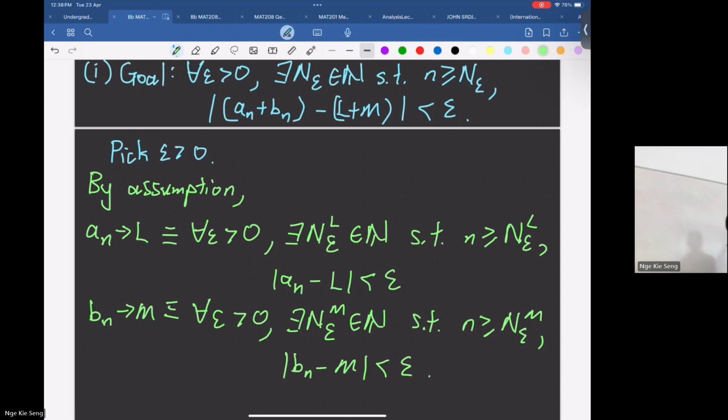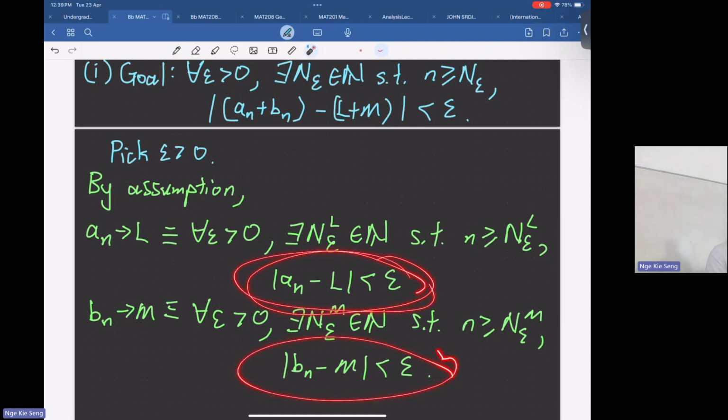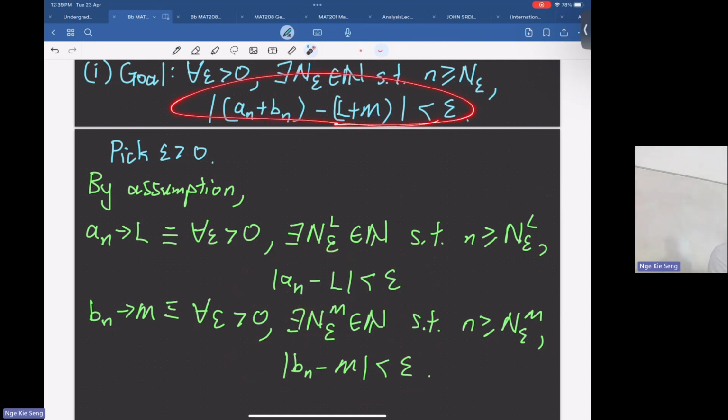So you see, you got these two inequalities here. Can you fit these two inequalities into the last inequality you want? How do you break this long expression into something short like this?